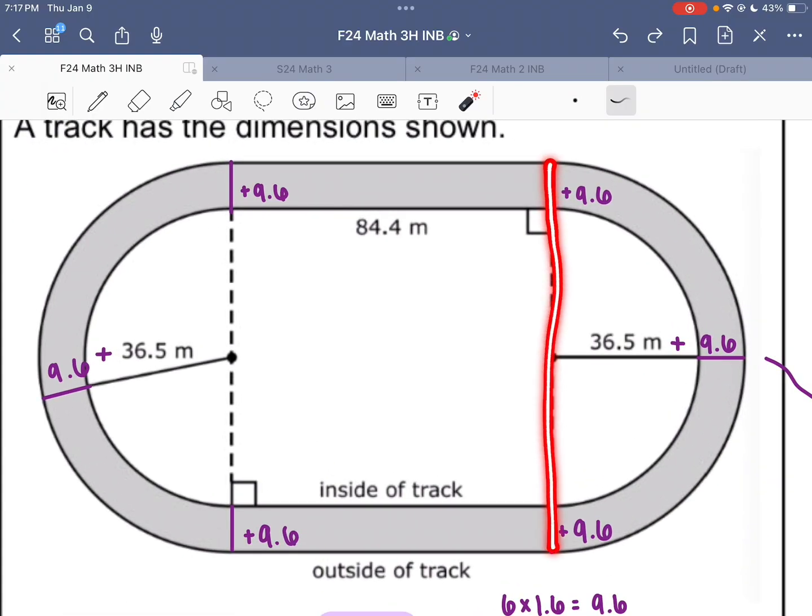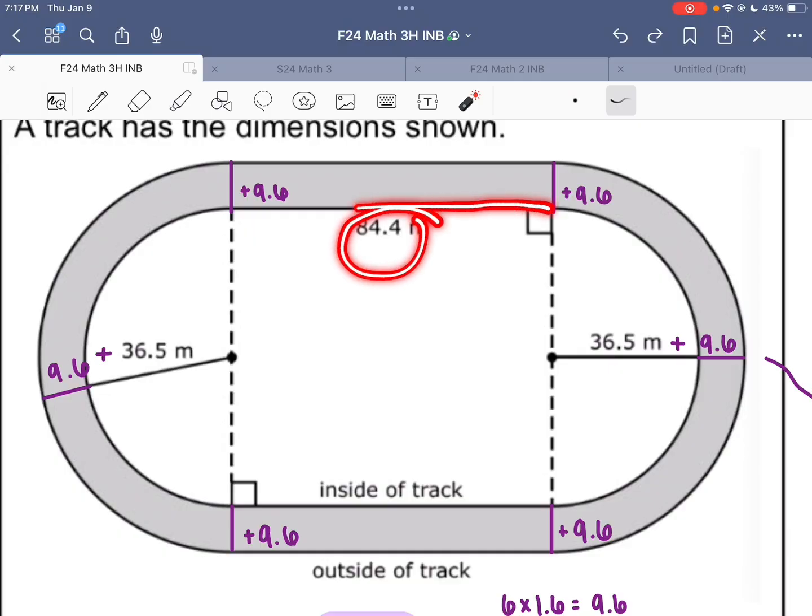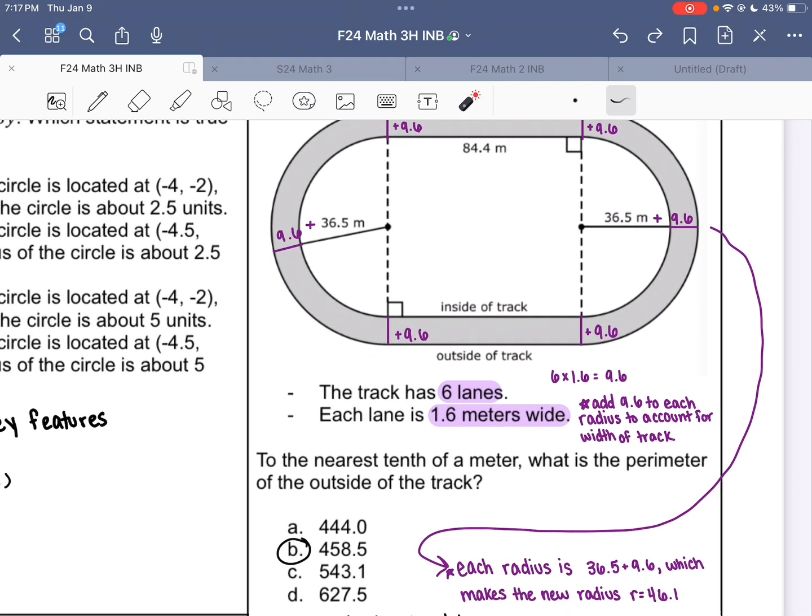This here is still included in that radius. So I don't have to add 9.6 anywhere else. This is the width, and the width remains unaffected because it runs parallel to the track. It doesn't intersect it. So it wants to know the perimeter of the outside of the track, not the area.